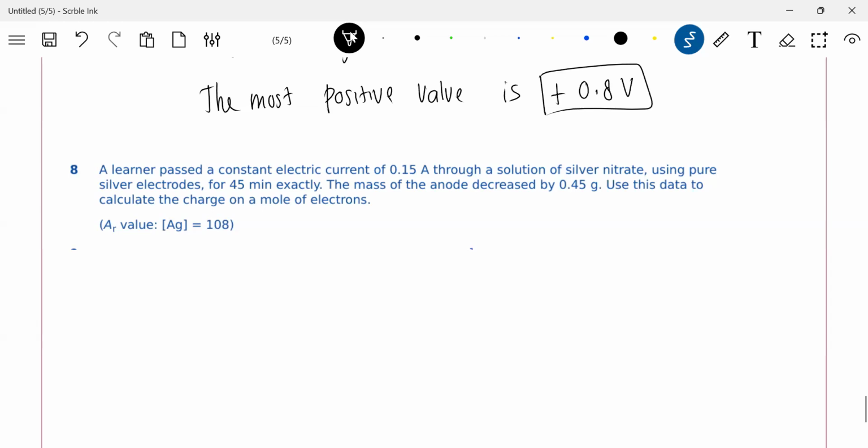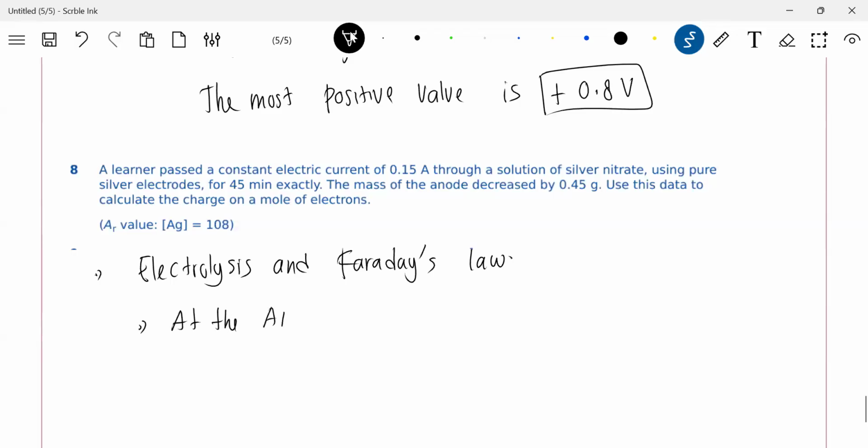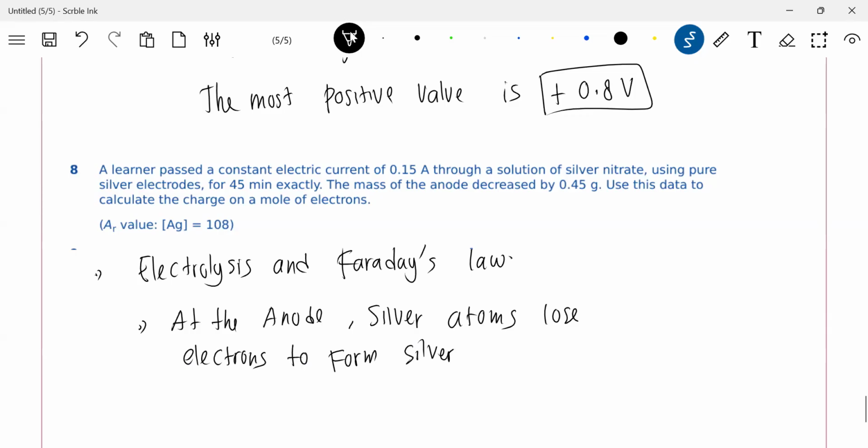At the anode, silver atoms lose electrons to form silver ions in this solution.